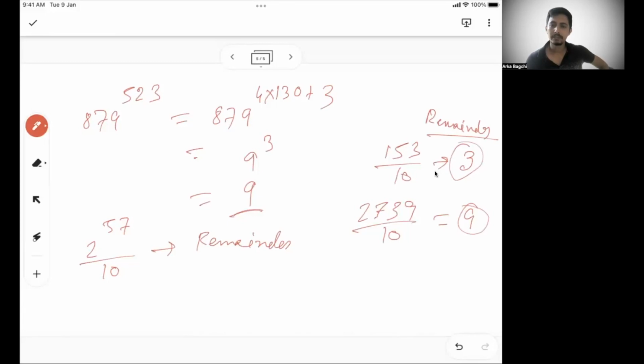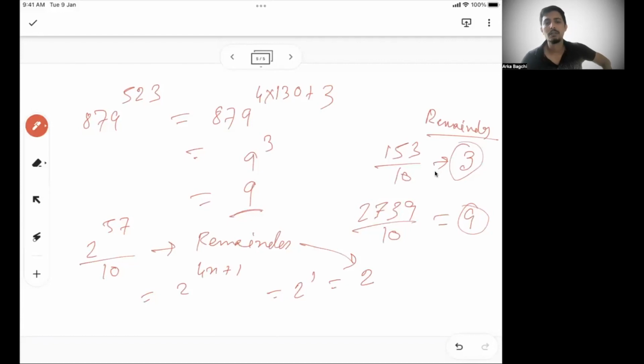So 2 to the power 57 is basically the same as finding the last digit of this number. What will be the last digit? It will be in the 2 to the power 4n plus 1 format. 56 is 4n, so if you divide by 4, you will get a remainder of 1. So it's the same as 2 to the power 1, and the last digit is 2. So your remainder is also going to be 2.